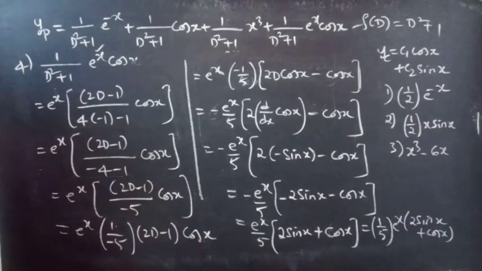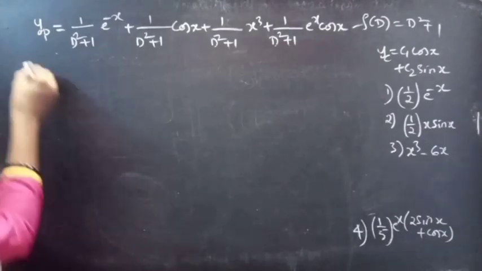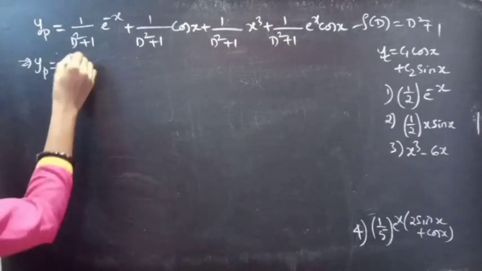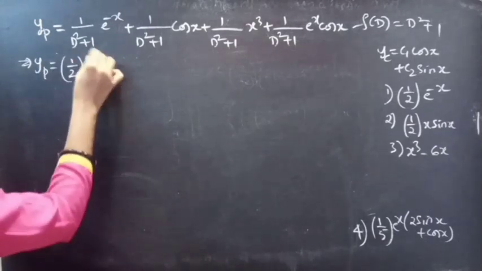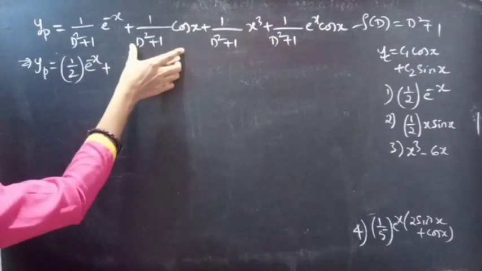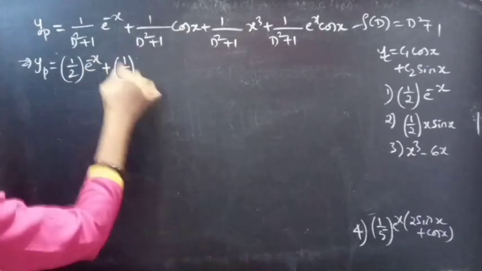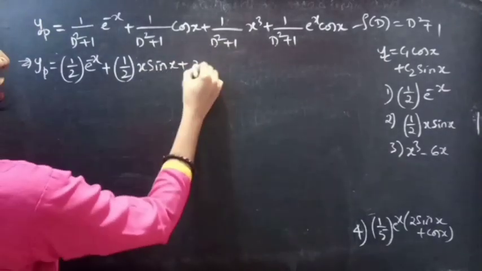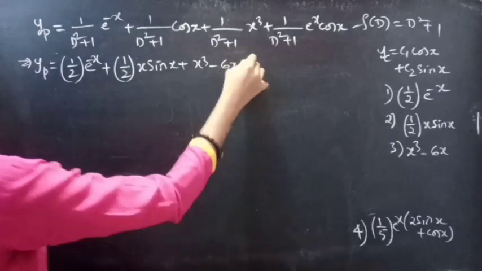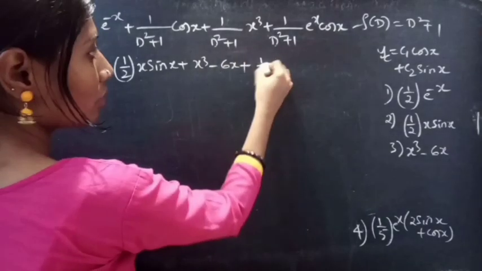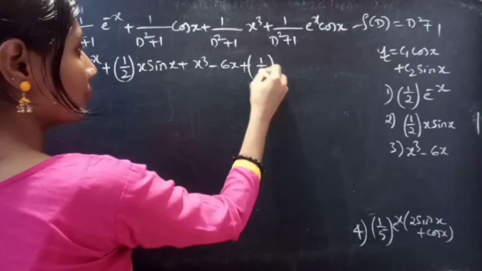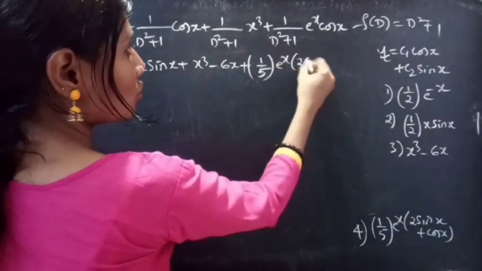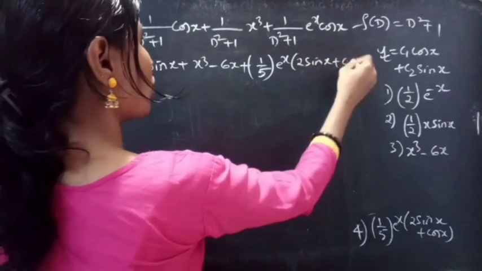Now coming to yp. yp becomes the result obtained from the first term, 1 by 2 into e power minus x, plus the result obtained from the second term, 1 by 2 into x sin x, plus the result obtained from the third term, x cube minus 6x, plus the result obtained from the last term, 1 by 5 into e power x into 2 sin x plus cos x.